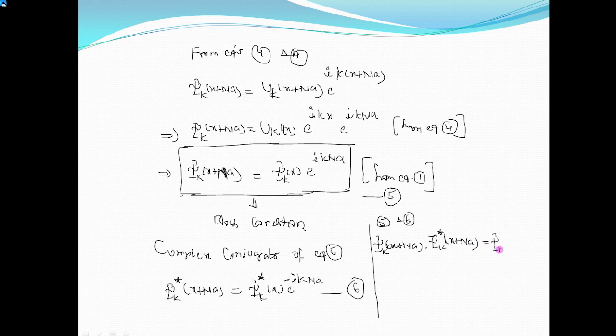So I will get psi k(x) into psi k star(x). What does this mean? Psi k(x+Na) is equal to psi k(x), and psi k star(x+Na) is equal to psi k star(x). This means the probability of finding the particle is everywhere the same. So here the electron can be localized anywhere. So the probability of finding the electron is everywhere the same.